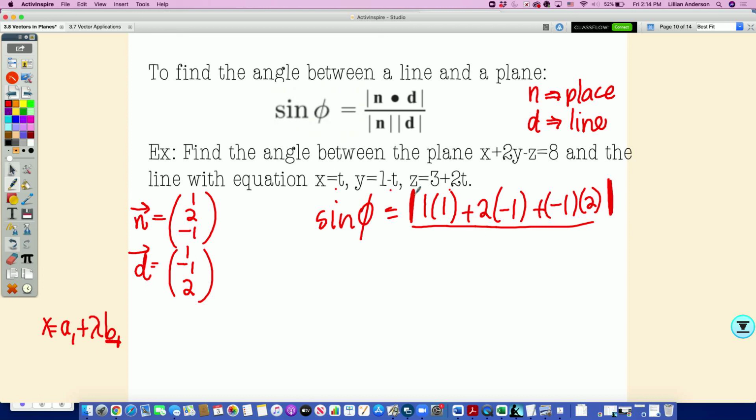We're going to divide that by the magnitude of N. So that's the square root of 1 squared plus 2 squared plus -1 squared. And we're going to multiply that by the magnitude of D, the square root of 1 squared plus a -1 squared plus 2 squared. Really the same thing.